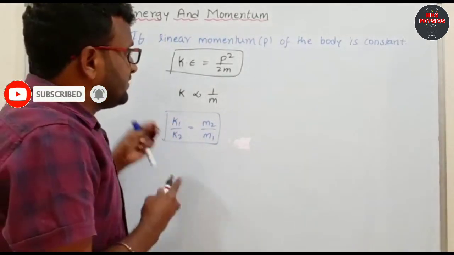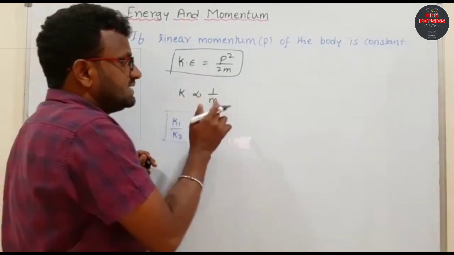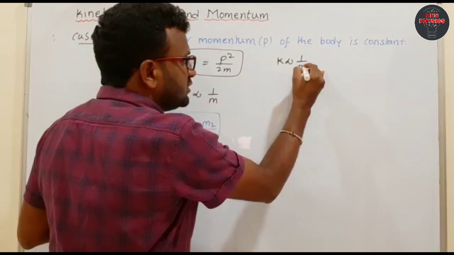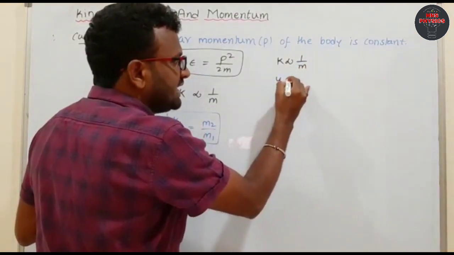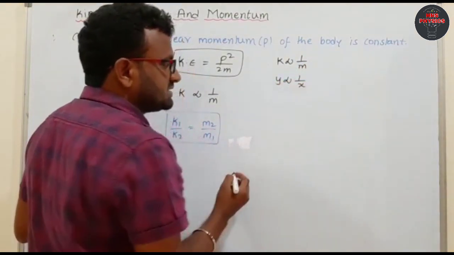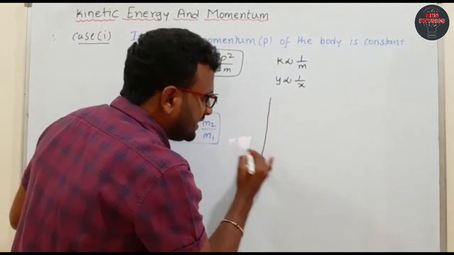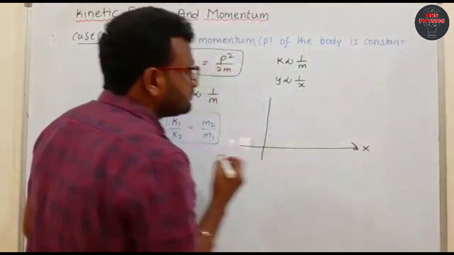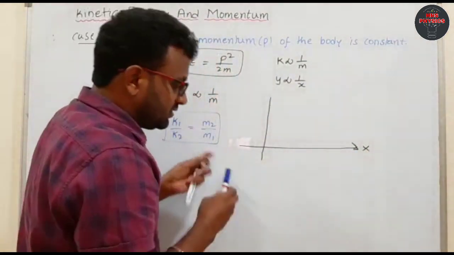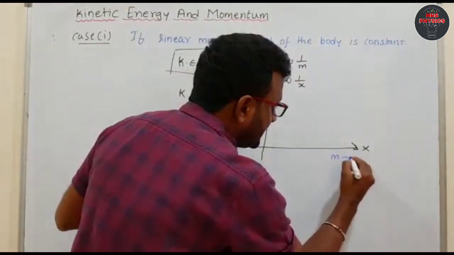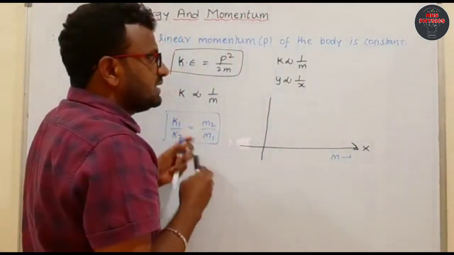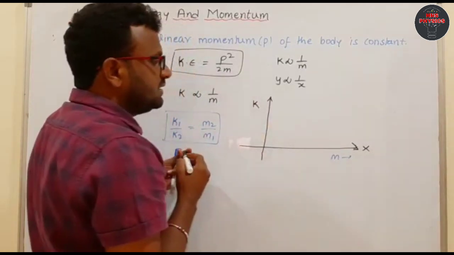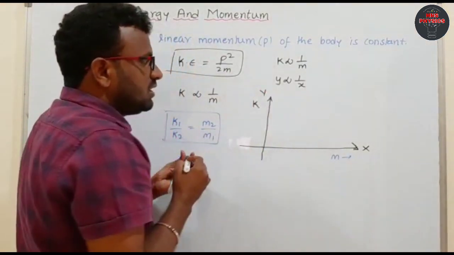Again we will see the relation between the kinetic energy and mass. Kinetic energy is inversely proportional to the mass of the body. That means y is inversely proportional to x. If I draw the graph between the kinetic energy and mass, on the x-axis I take mass, and on the y-axis kinetic energy, K. How will it come?